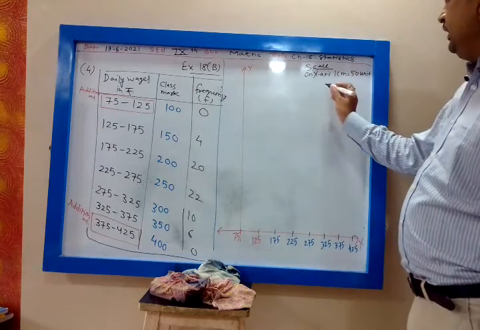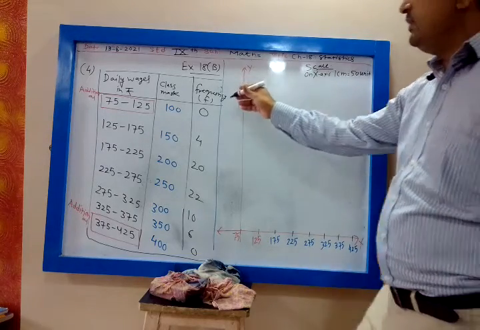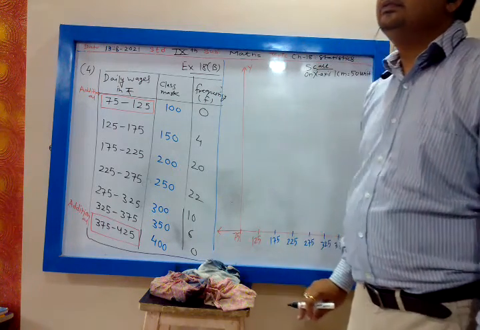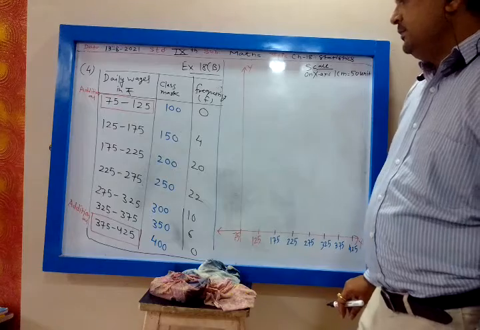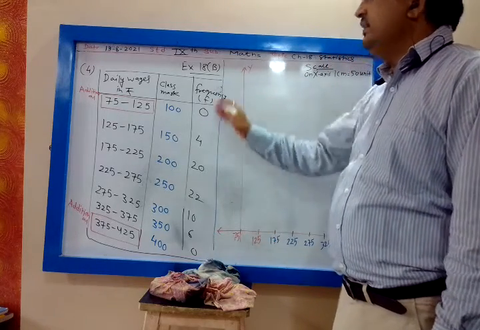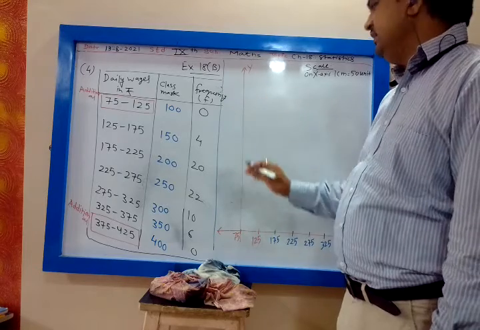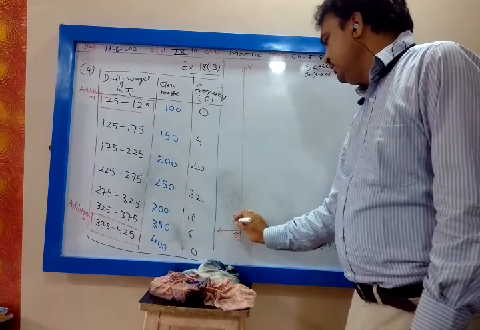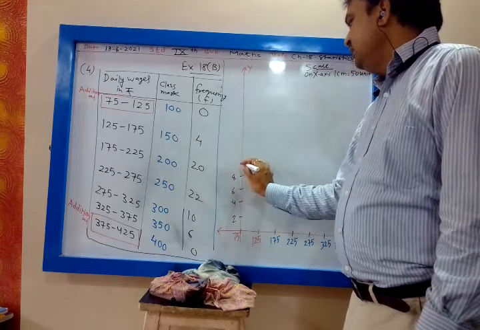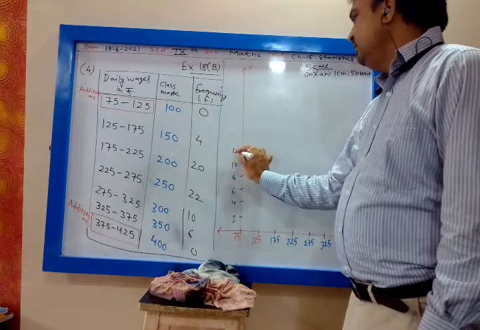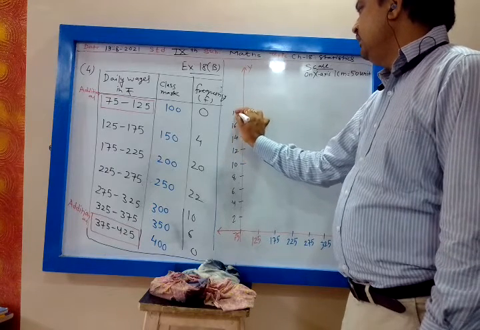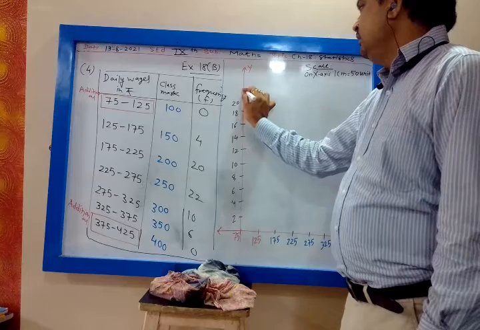Then on the y-axis, what is the maximum frequency? Maximum frequency is 22, no? Then you can take 2, 2 is sufficient. If it is large, then you can take 4 or 5. So this is 2, 4, 6, 8, 10, 12, 14, 16, 18, 20, 22.